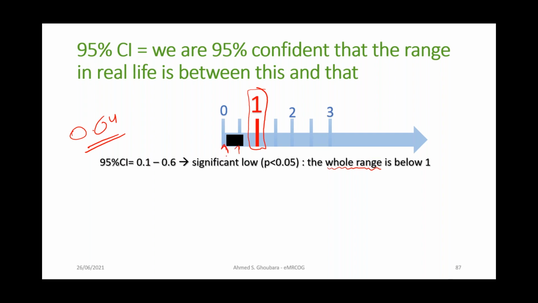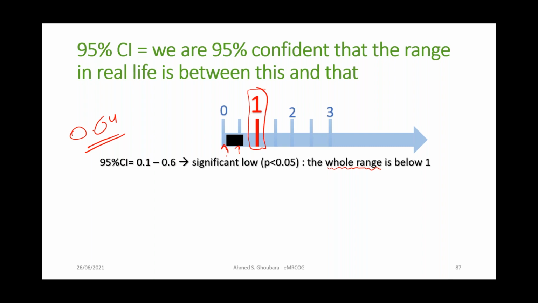So we are very sure, 95% confident, that the odds ratio or relative risk in the real life ranges between 0.1 and 0.6. It could be 0.1, 0.2, 0.3, 0.5, 0.6. In any case, it's less than 1. So there's a protective effect. The exposed group are at lower risk than the non-exposed group.